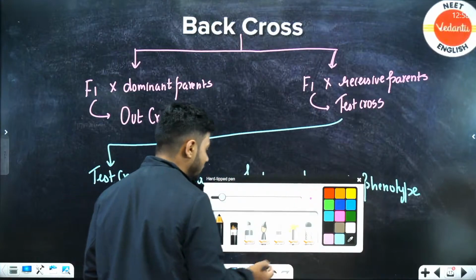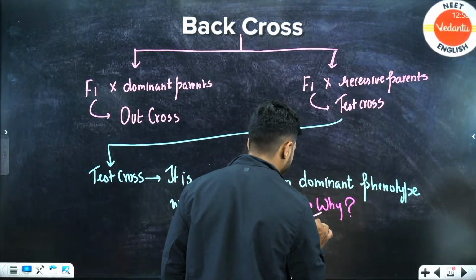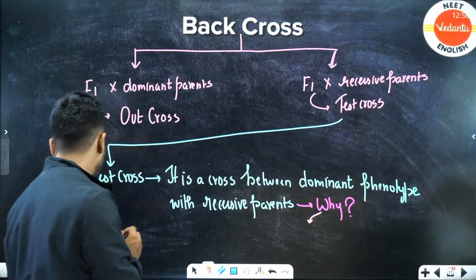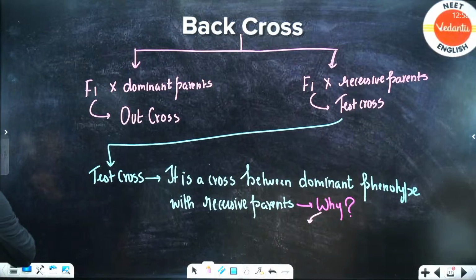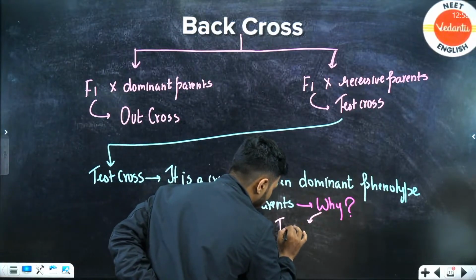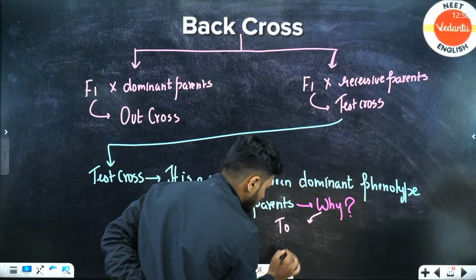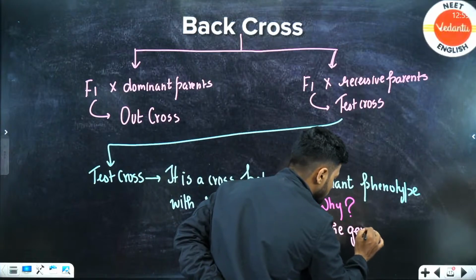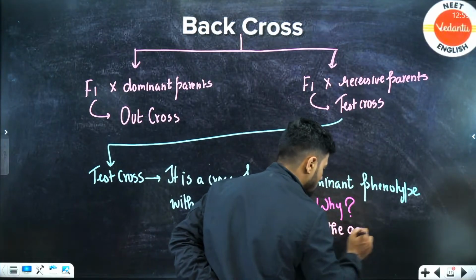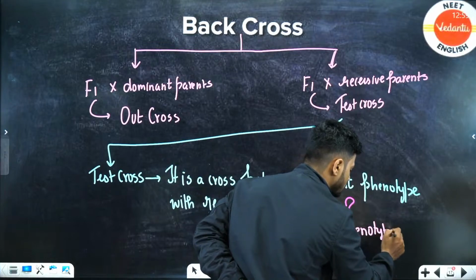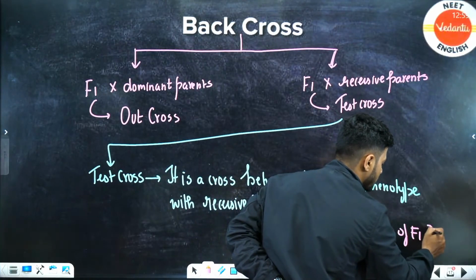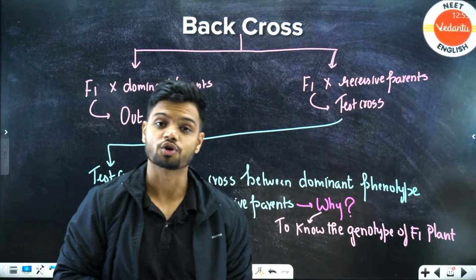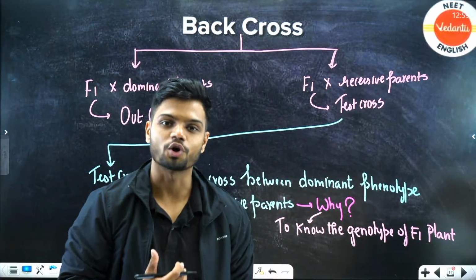The main reason we are doing a test cross is to know the genotype of the F1 plant. Is the F1 plant homozygous dominant? Is the F1 plant heterozygous dominant?